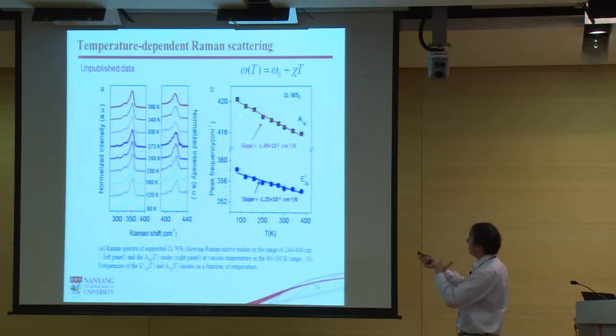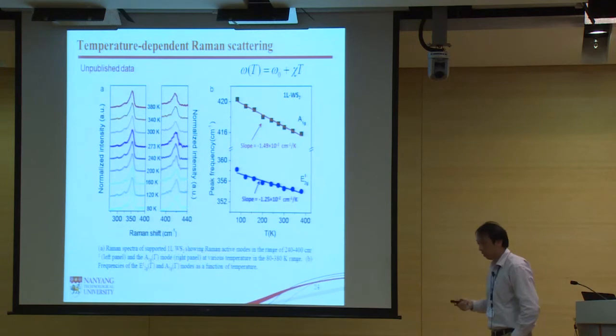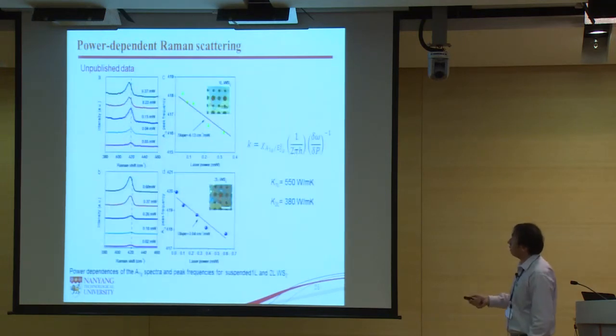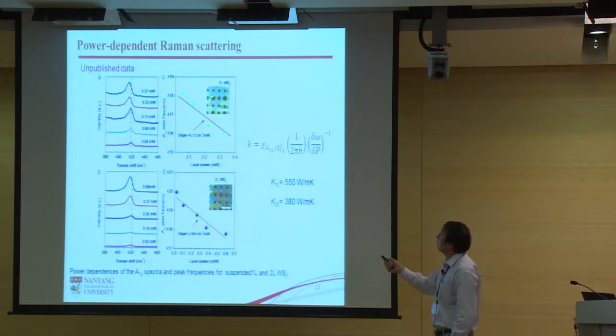As you can see here, basically it's just the slope of the fitting curve here. And also we can extrapolate the omega 0, which is the zero temperature vibration of either the A1G or E2G mode. And we can suspend the sample, since we transfer it to a substrate with holes, so we can have a suspended sample, and this time, we shine the sample with various laser powers to use the laser power to create the heat to further study the thermal conductivity.